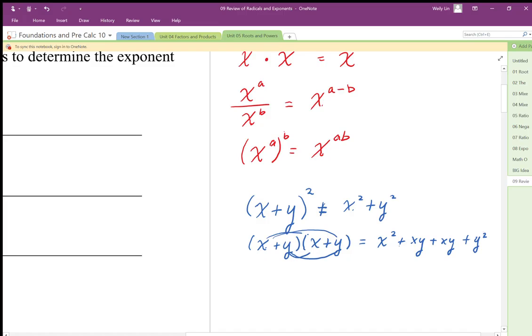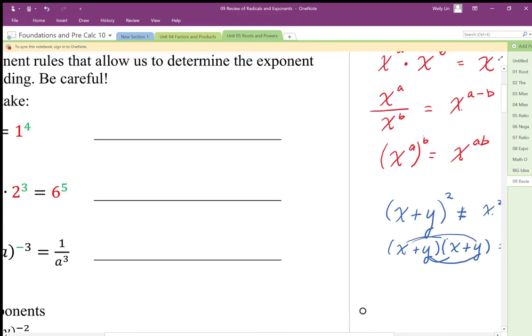Okay, and notice that these are not equivalent. x plus y times x plus y is equal to this. x plus y, if we square it individually, we do not get that, so they cannot be done. So the big idea though is that addition and subtraction cannot mix with powers and roots.